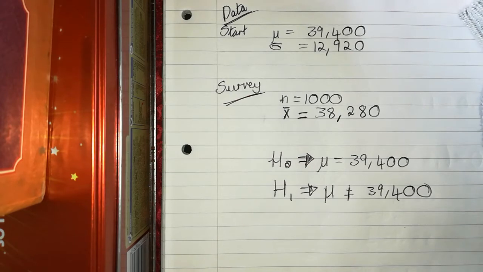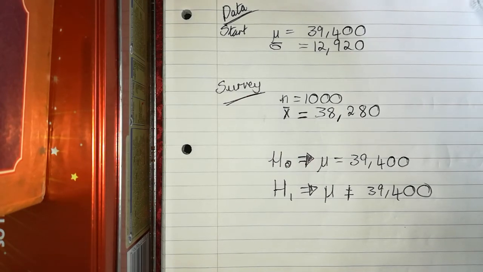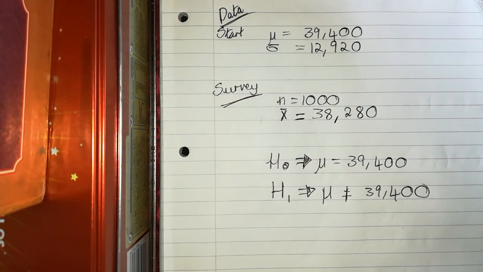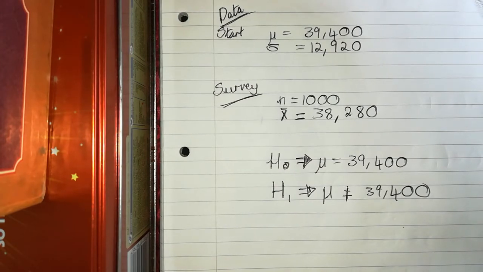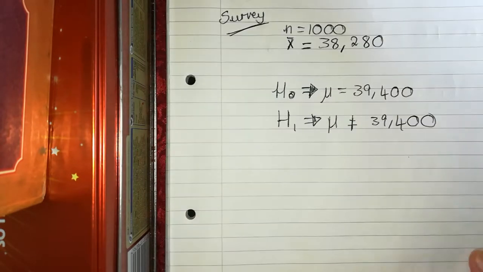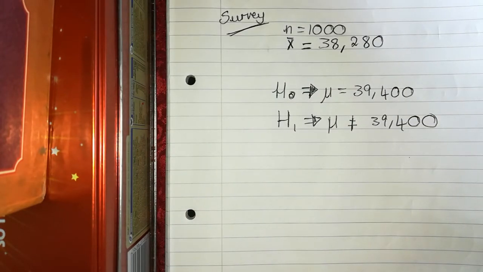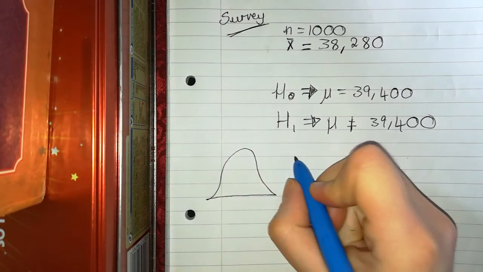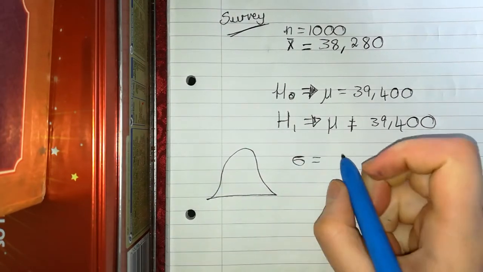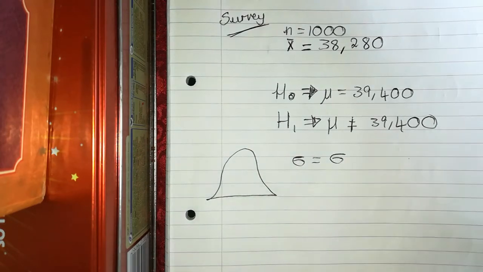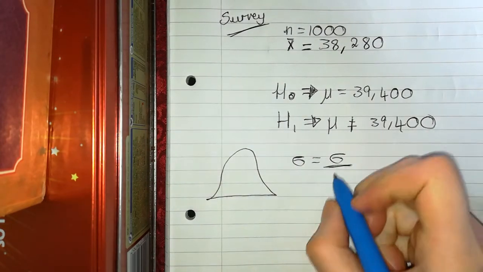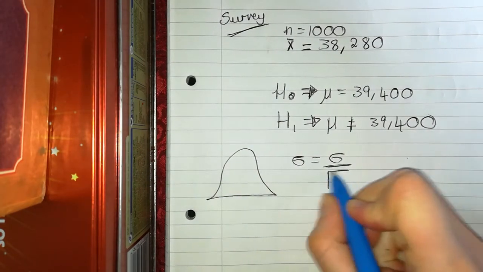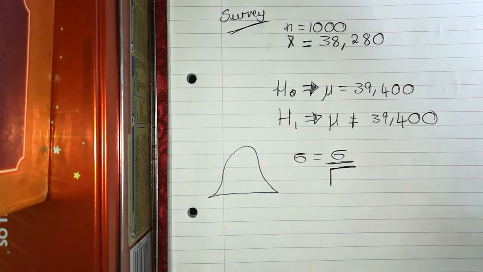Now we could make a confidence interval, or we could get our z values for the mean. Because we're dealing with the mean, the standard deviation of the mean is equal to the standard deviation over the square root of the sample size.